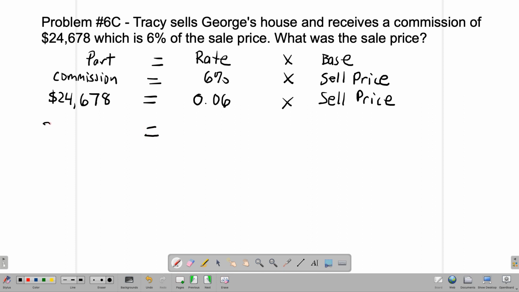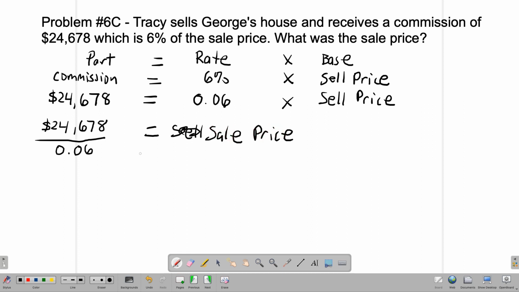So over here we have 24,678 divided by 0.06. And of course, this is going to equal the sales price, sorry. So we have down here sales price, which is what we compute.